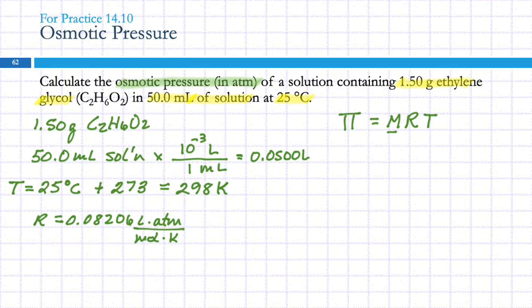And then we're going to need the molar mass of this. So that's going to be 2 times carbon plus 6 times hydrogen plus 2 times oxygen.